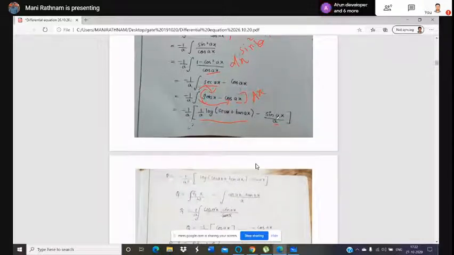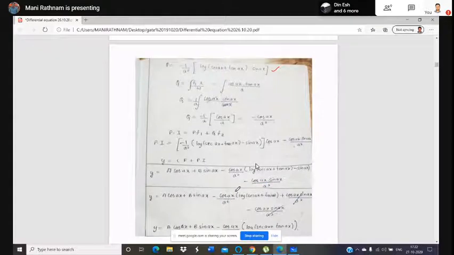After that, take 1 by a commonly, and you get capital P. And now we have to find out Q.